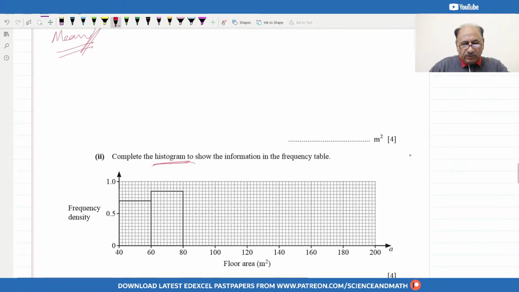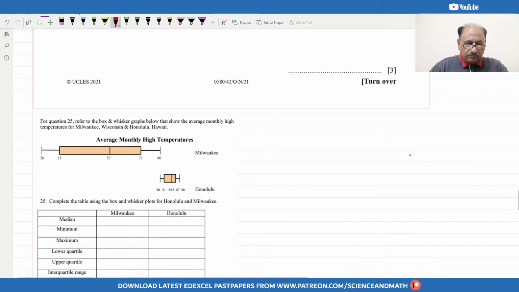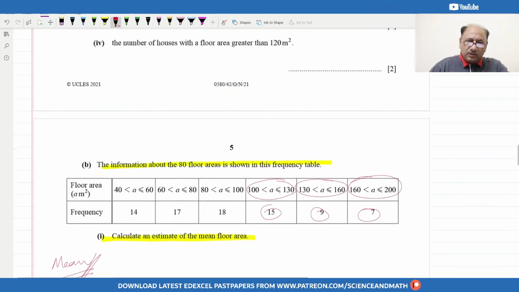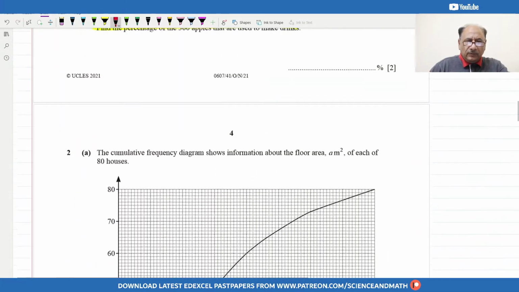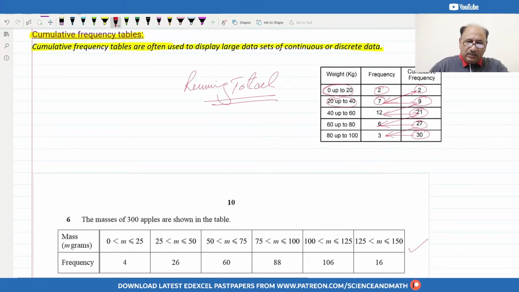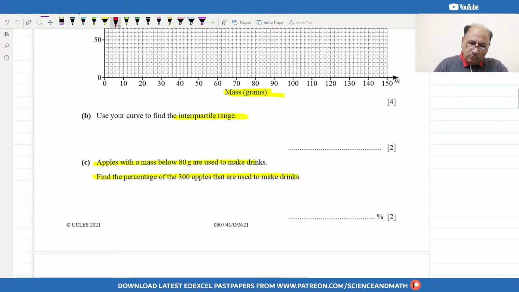to complete this histogram, and then at the last we will be discussing the box plot also, how to answer box plot questions and plot the box plot. So we will be going through the questions, and the first question which I have chosen is from 0607/41 October/November 21. Will a cumulative frequency graph be only a curve, or can it be a histogram?